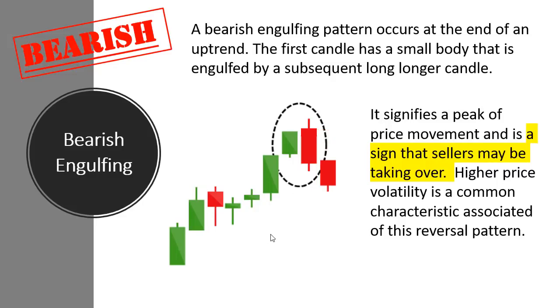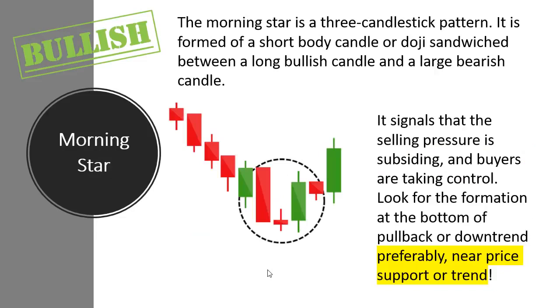Now on this one, on the morning star, does it matter if this is red or green? No, it doesn't. As a matter of fact, this is like the perfect drawing for a morning star pattern. In fact, the best morning star is we move down with the red candle here. We gap away.